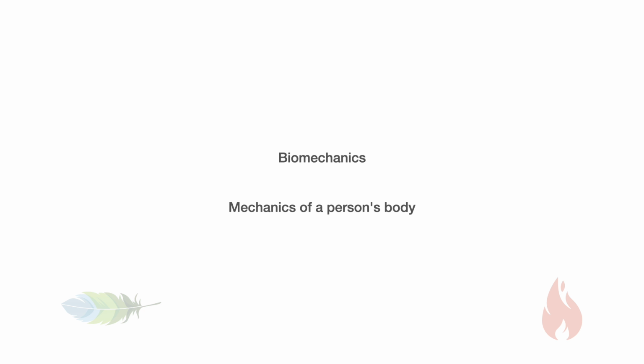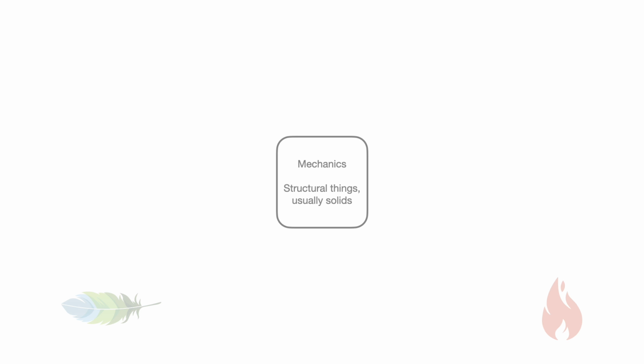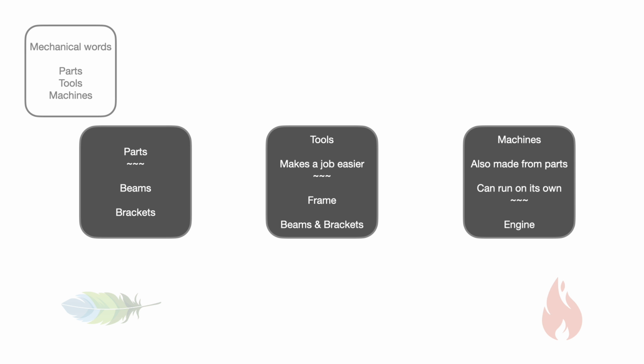Biomechanics can be simply described as the mechanics of a person's body. And mechanics are generally structural things. Usually solids is a nice way to introduce examples, at least. So here are some mechanical words: some mechanical parts, some mechanical tools, and machines.